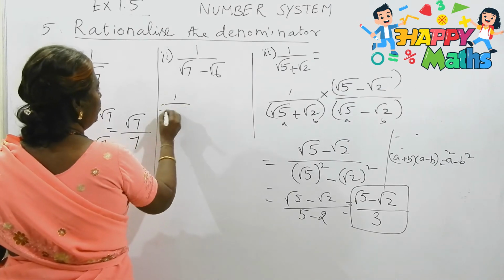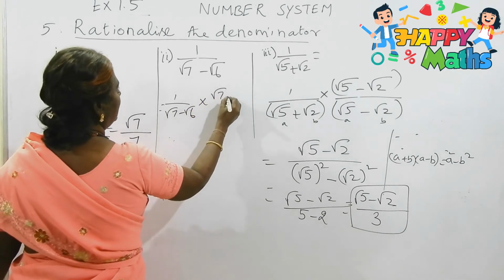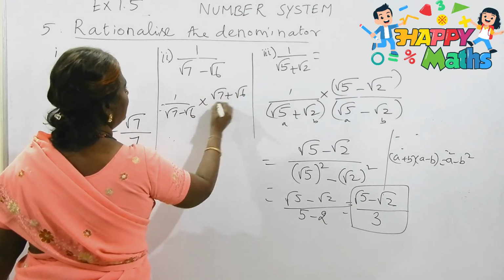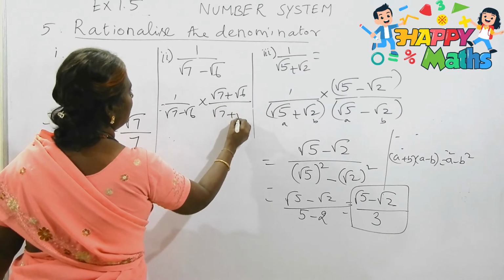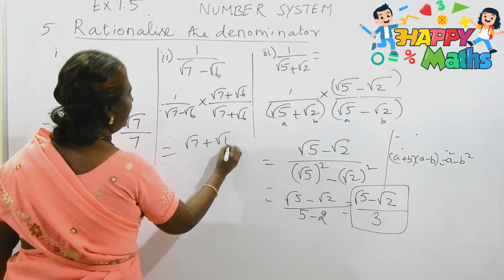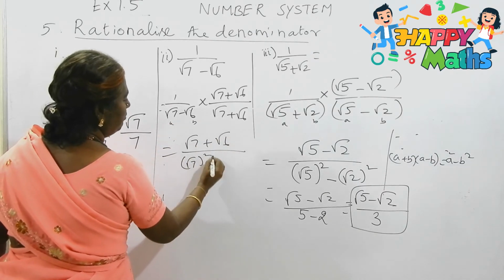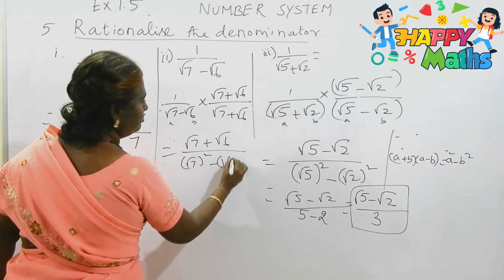See, 1 by root 7 minus root 6: multiply both numerator and denominator with the opposite sign, so root 7 plus root 6. Now root 7 plus root 6 as it is will be in the numerator. Here this is a, this is b. So root 7 the whole square minus root 6 the whole square.